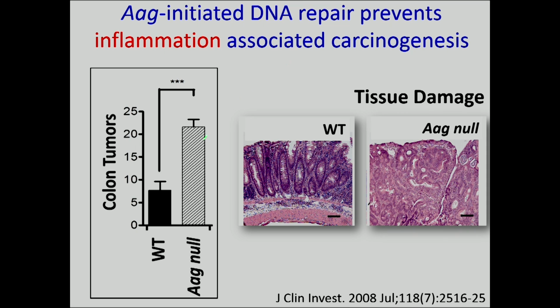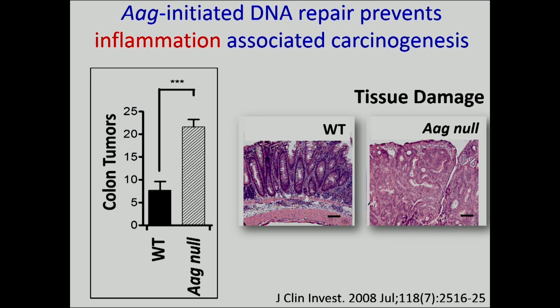And in fact, if we just look at the tissue, you don't have to be a board-certified pathologist to see that if you can carry out repair of those etheno lesions initiated by the Aag glycosylase, the tissue looks a little deranged, but not nearly as deranged as when the cells lack that Aag-initiated base excision repair.